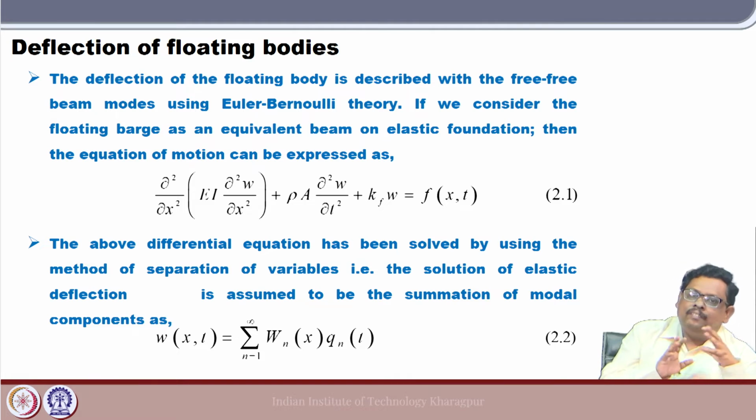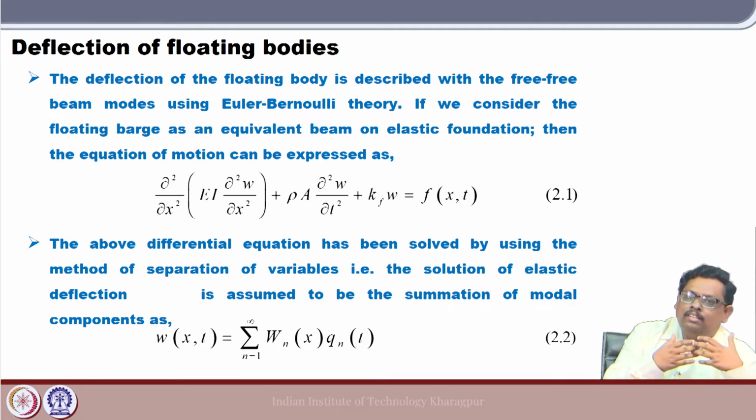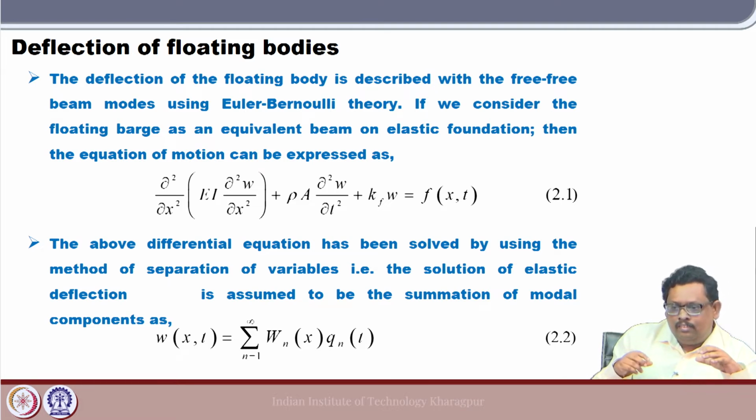So you see that in the case of a rigid mode also, we can use the same ideology, the same kind of definition: I know how my body is going to oscillate, but I really do not know the amplitude of the oscillation.